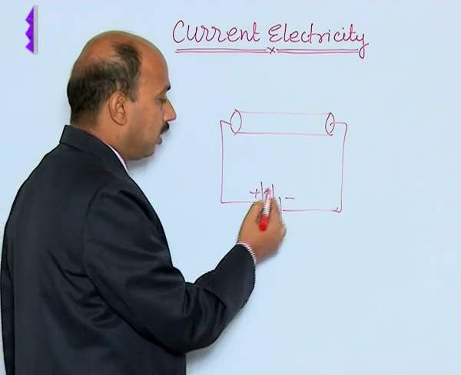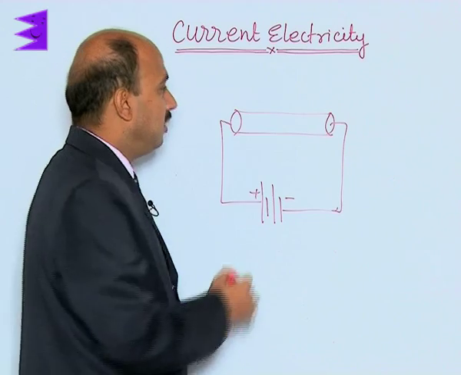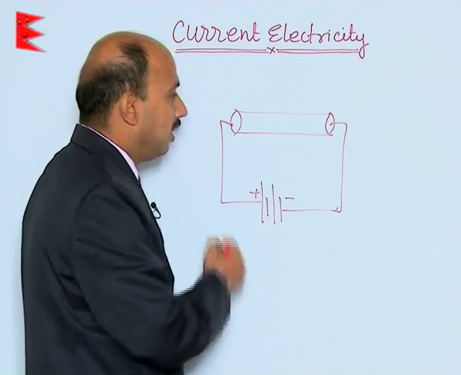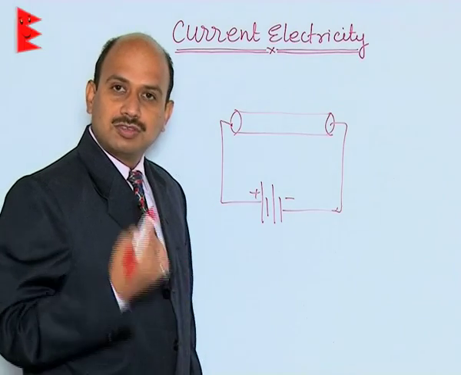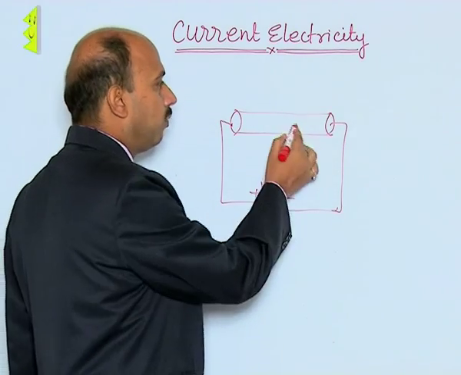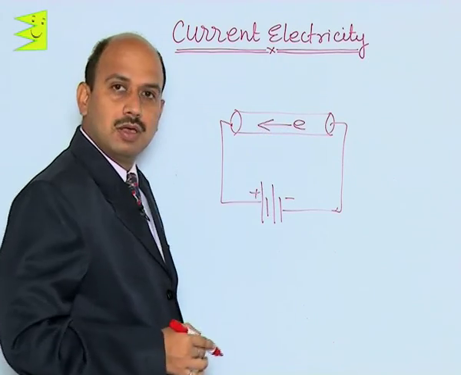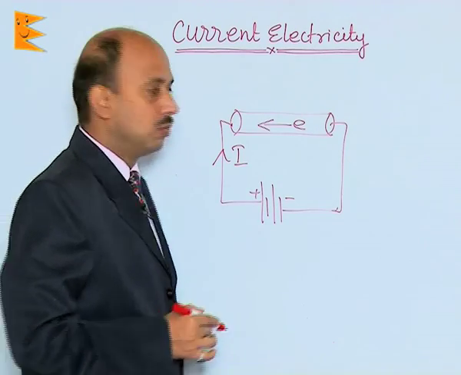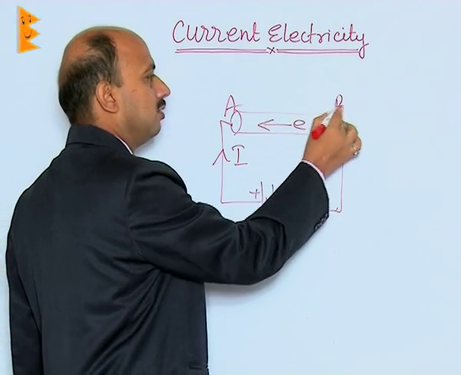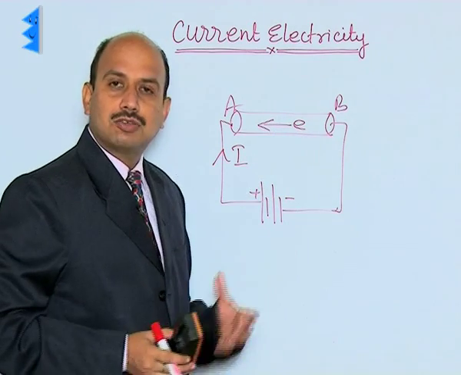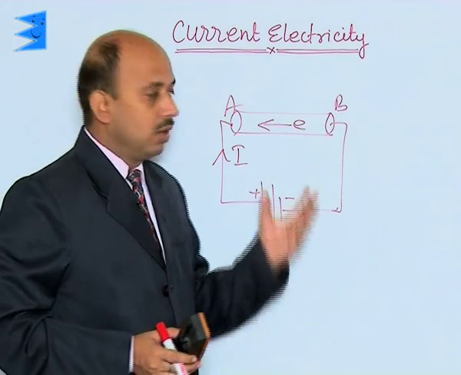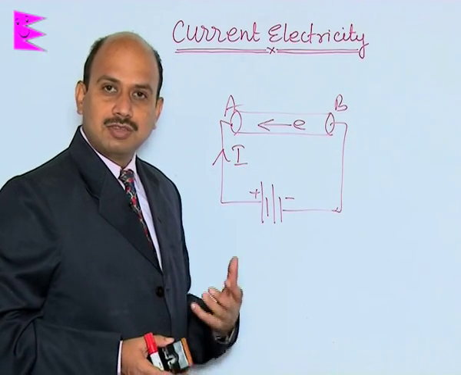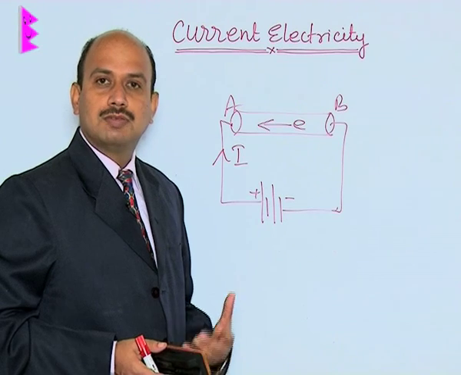When it is connected to the battery, a potential difference is maintained across the ends of the conductor, and due to this potential difference electrons start moving from the negative side to the positive side, but the conventional direction of current is taken from positive to negative. If this end is A and this end is B, the conventional direction of current is from A to B, whereas electrons are moving from B to A. So the conventional direction of current is actually the direction of the flow of positive charges.